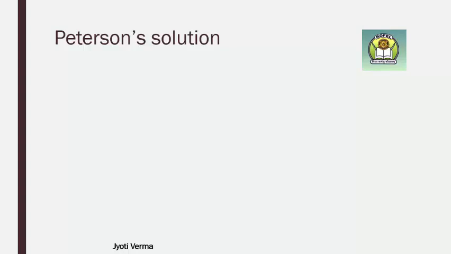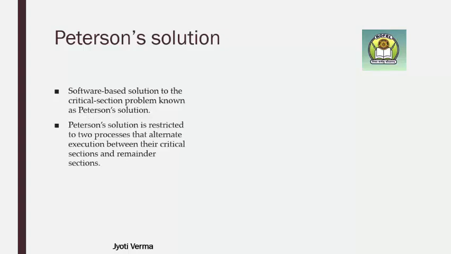What is Peterson's solution? Peterson's solution is a software solution to the critical section problem. It is restricted to two processes that alternate execution between their critical sections and remainder sections. That means it works only for two processes who want to enter the critical section.